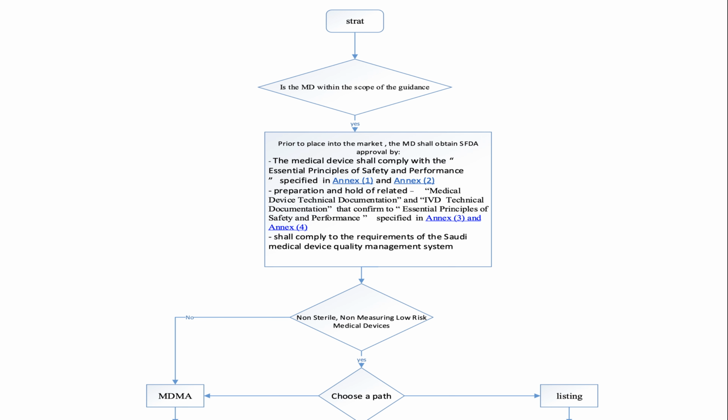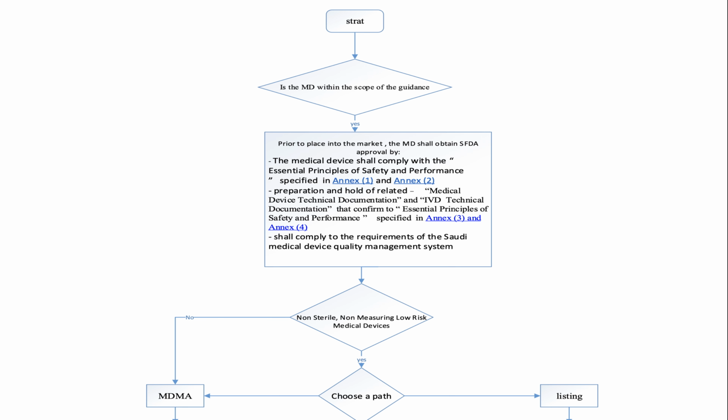Assuming that your medical device falls under the scope of a guidance document, you need to go to step number 2. So dosto, what is step number 2? Whenever you manufacture a new medical device, you need to comply with certain requirements, certain studies.